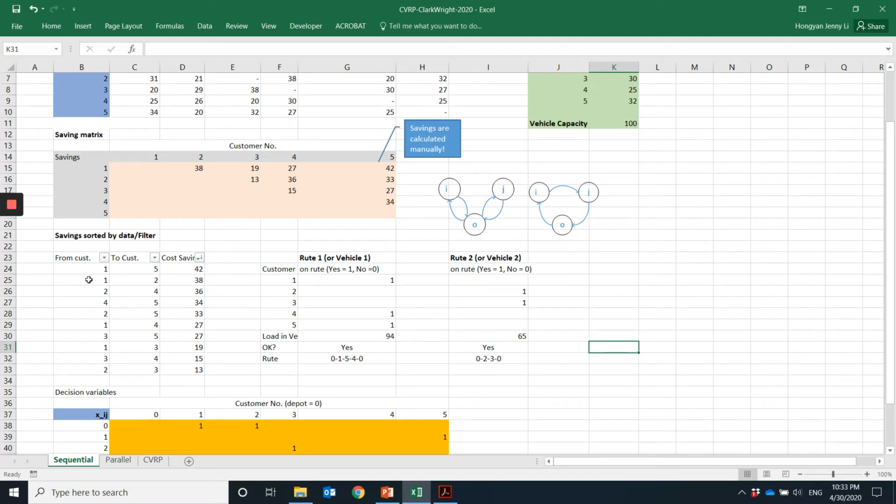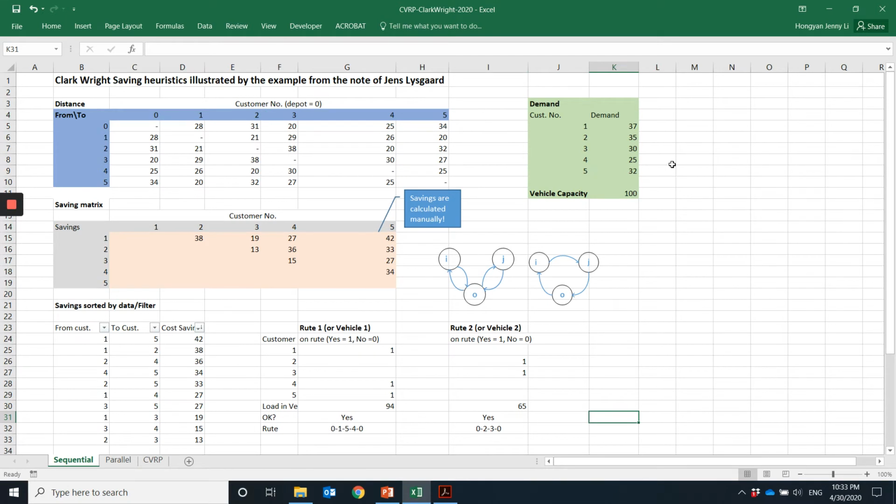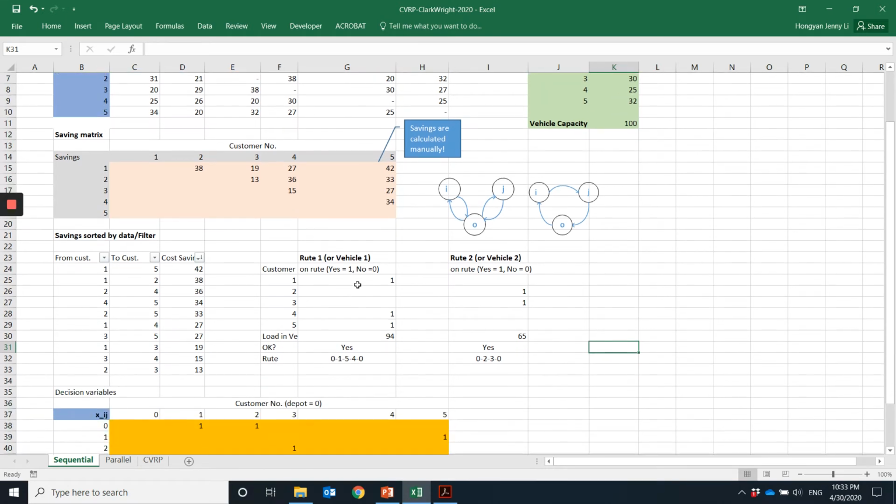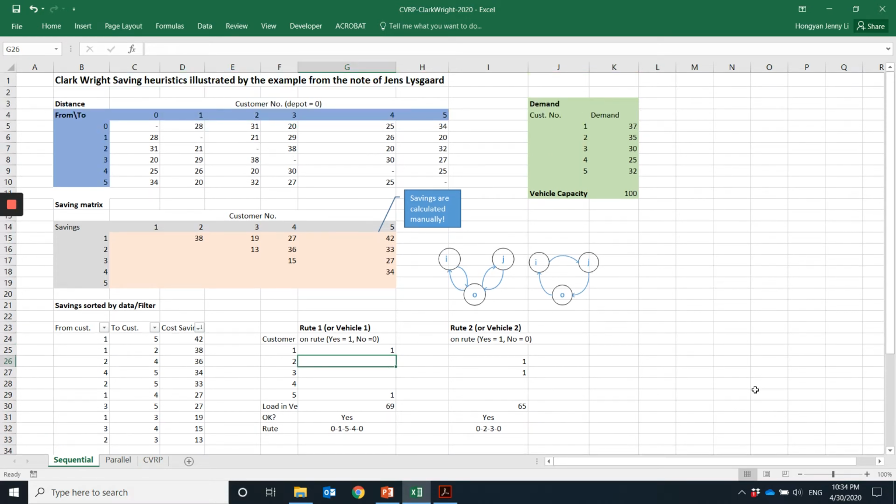The second pair to save is connecting customer 1 and 2, and you can see customer 1 and 5 are already in. So I take this one off. Initially I put customers 1 and 5 in the trip, and customer 2 and 1 connected together will save, so I would like to put customer 2 in this trip as well.